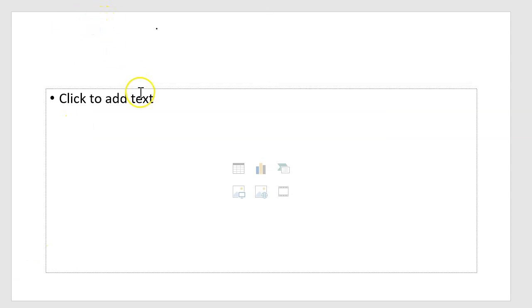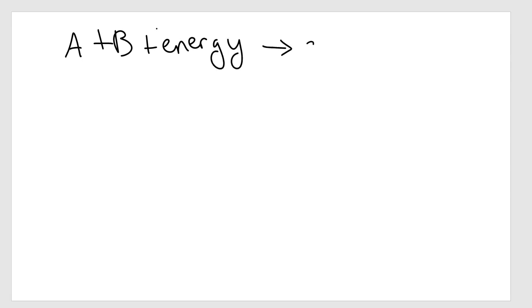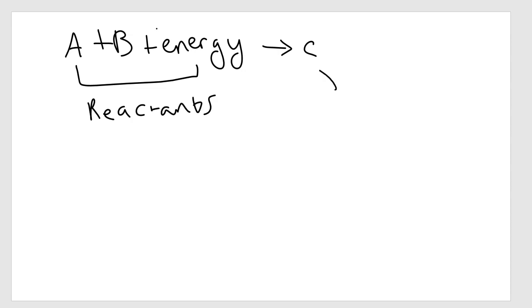And remember, let's just make up a reaction. A plus B plus energy leads to C. When we read reactions, we read from left to right. So these are your reactants, and C is your product. If we are adding energy to the reactants, that means we're putting energy into the system.